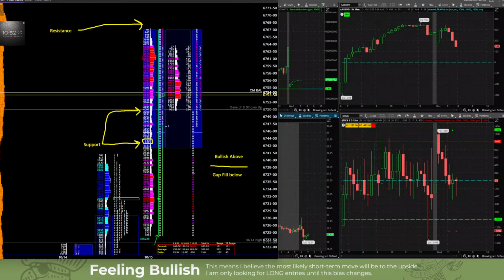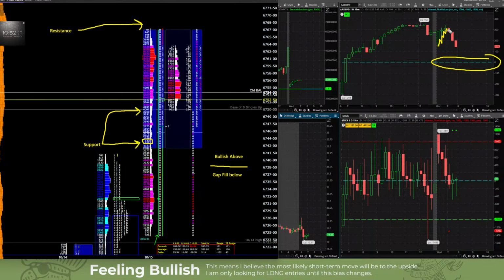Jerry says that the advancers versus decliners are weakening. I concur. So it's still above zero, but the momentum is clearly over. Same thing with the breadth.